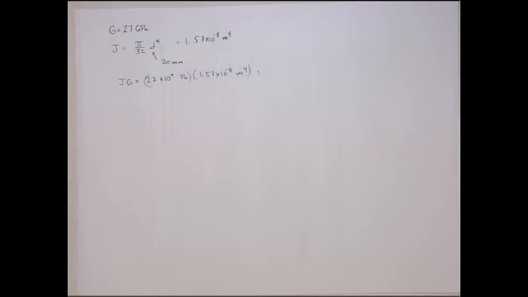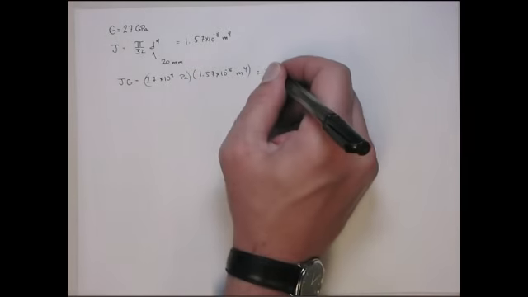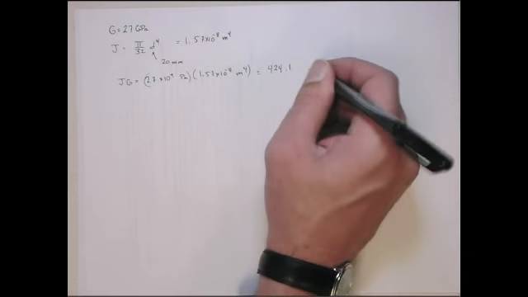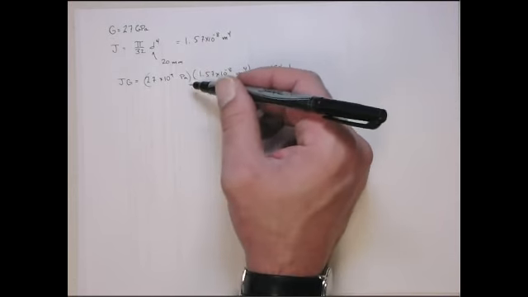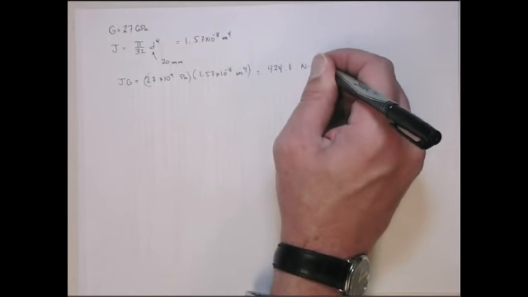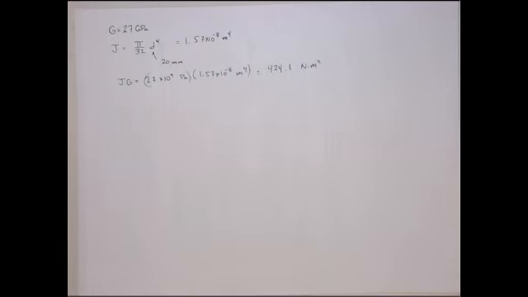That gives me 424.1, in newtons per meter squared times meters to the 4th, so newton meters squared.